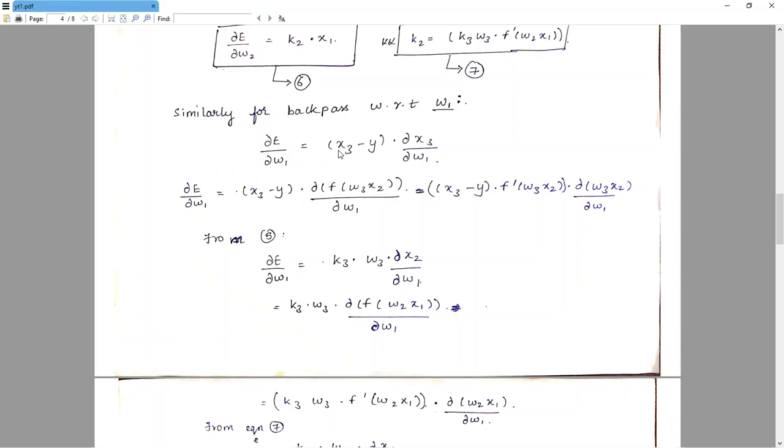Listen carefully. It's the same thing as I told you before, half of x3 minus y whole square. If you partially derive it with respect to W1, you will get x3 minus y into dou of x3 by dou of W1.